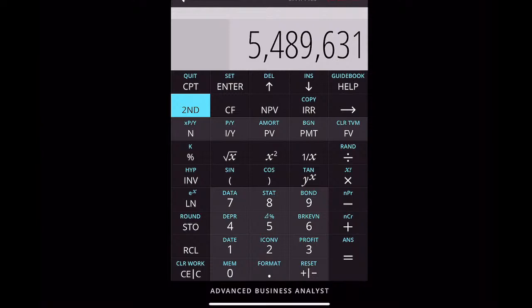When you just want to clear the screen, you go down here, just the clear button. I don't know what CE is, but C for clear. Could be clear error, I'm not sure. So that will just clear the screen.